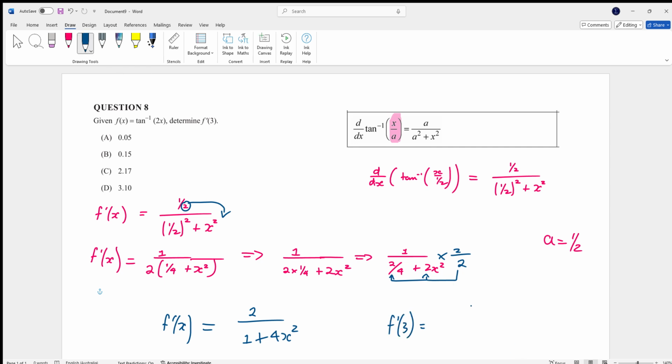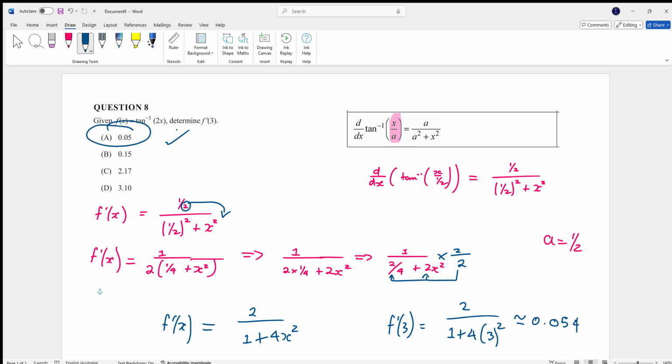So here you're going to replace x with 3 in there, so 2 over 1 plus 4 times by 3 squared. And if you don't get the right answer here, you could have just done it in your calculator the whole time. Okay. Now this gives us approximately 0.054. So here, if we're looking at our answers, the best answer is going to match this guy here.